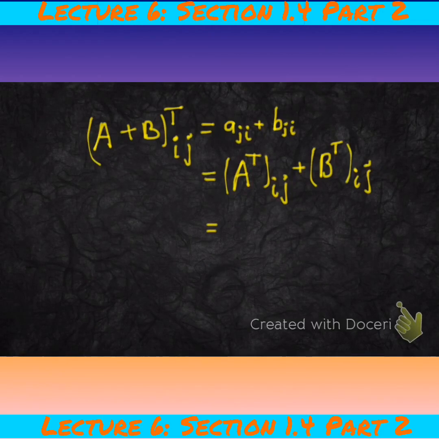The a_ji comes from the ith row and the jth column of A transpose, and b_ji comes from the ith row and the jth column of B transpose, and that is basically A transpose plus B transpose, the entry in the ith row and the jth column of that matrix there.